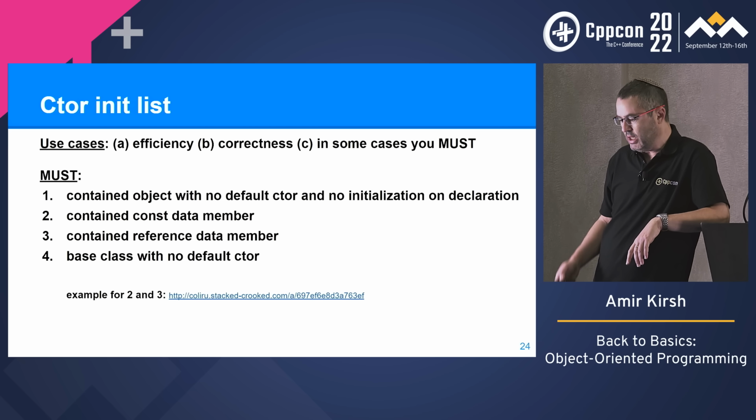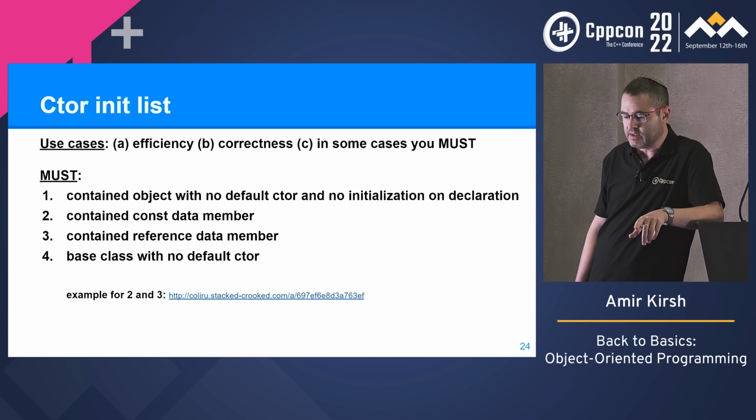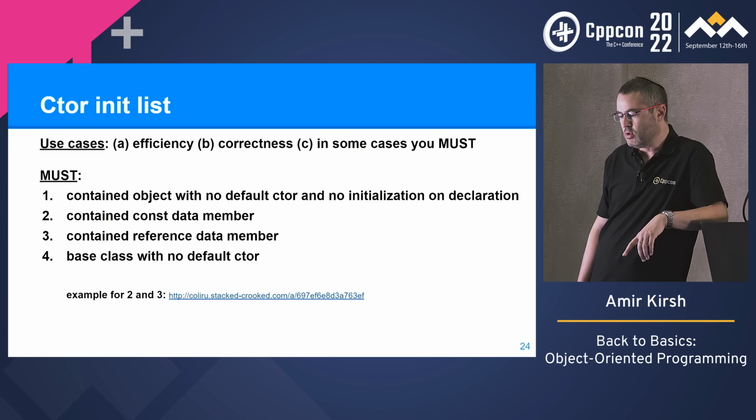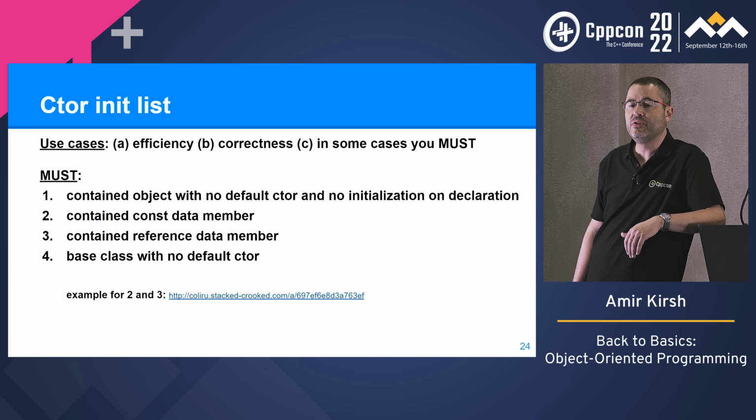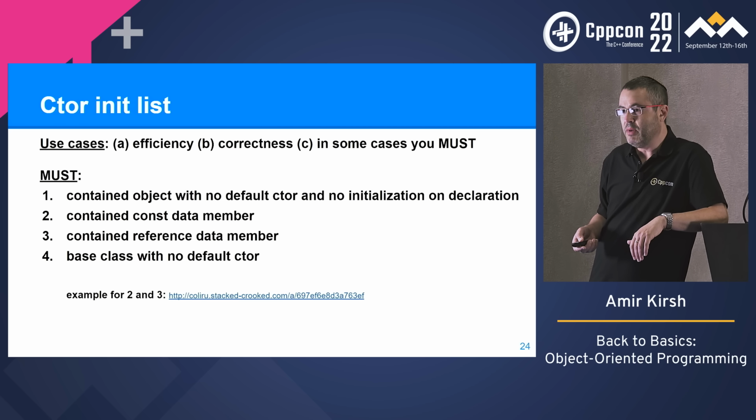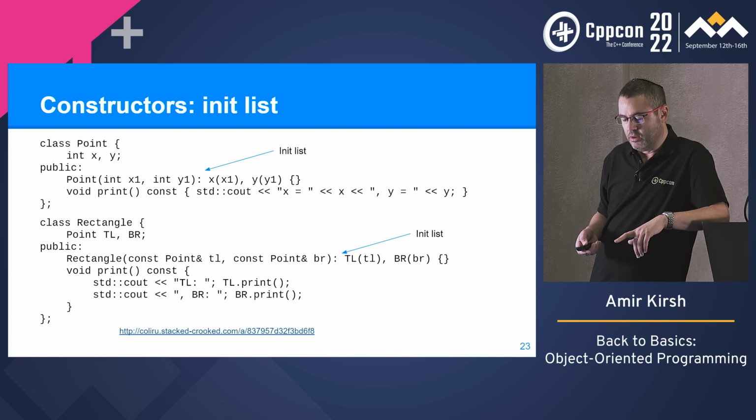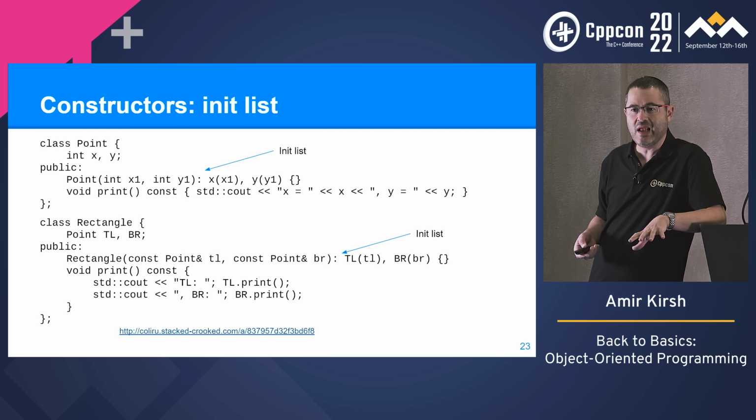If I contain an object, like the point in the previous example, which does not have a default constructor, and I don't provide any initialization on the declaration. What do I mean by initialization on the declaration? I could have, on the first line of class rectangle, initialized TL and BR there, which is C++11 syntax.